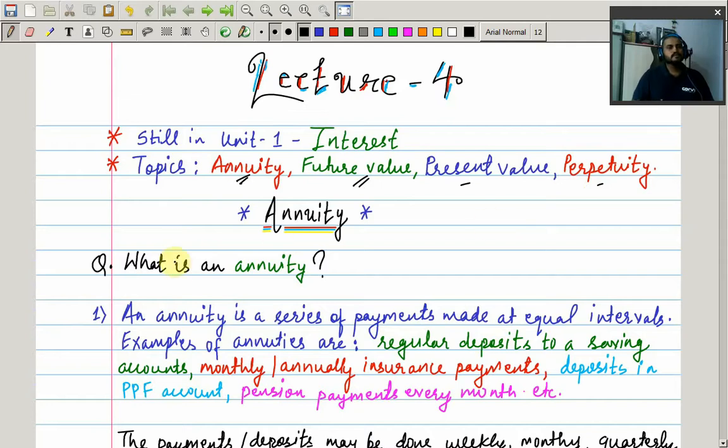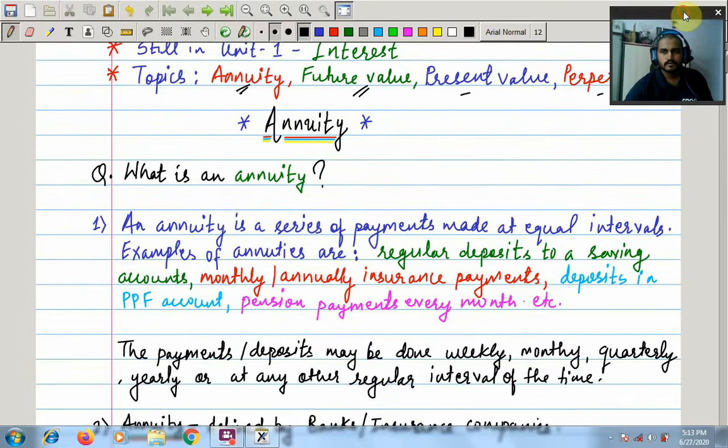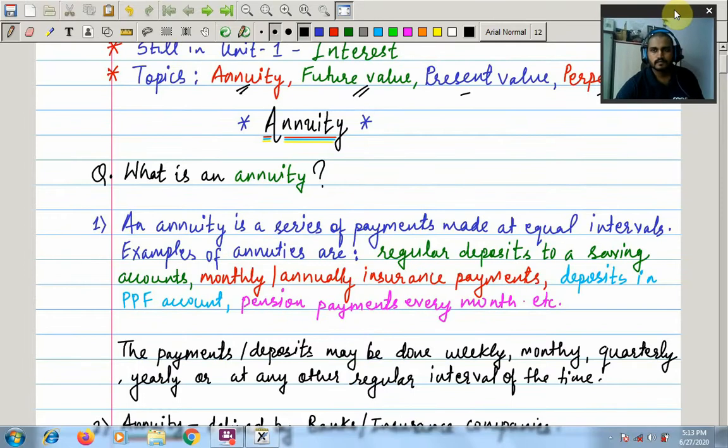Okay, so what is an annuity? So here is the definition. An annuity is a series of payments made at equal intervals.